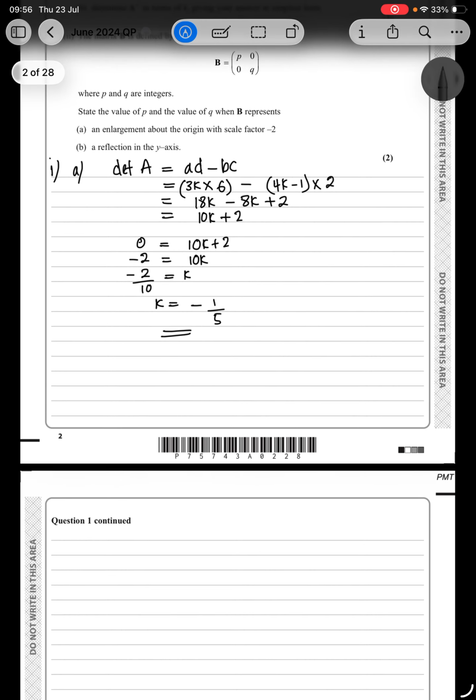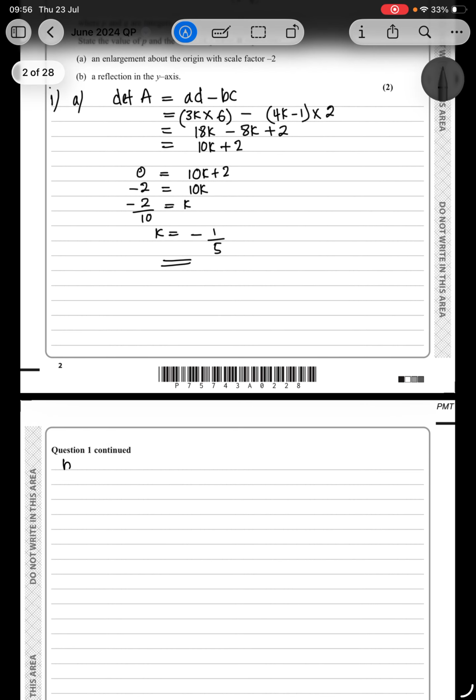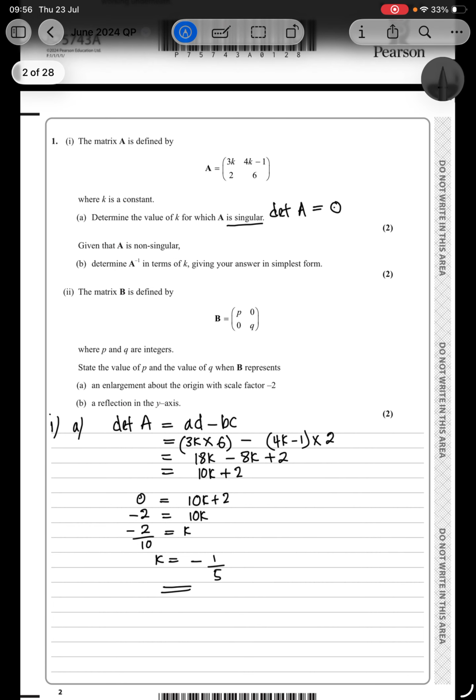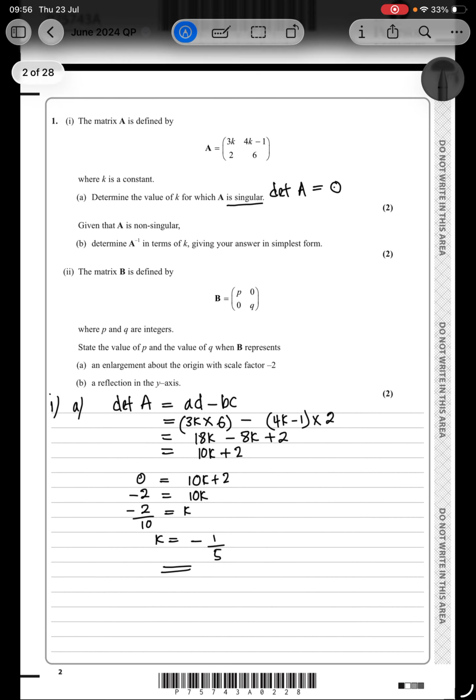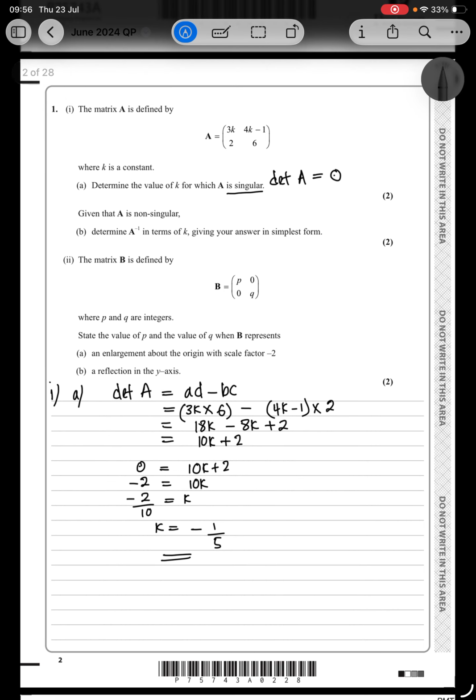Let's move on to part B. It says, given that A is non-singular, determine A inverse in terms of K, giving your answer in simplest form. So now that they're saying it's non-singular, we can now not equate the determinant A to 0.